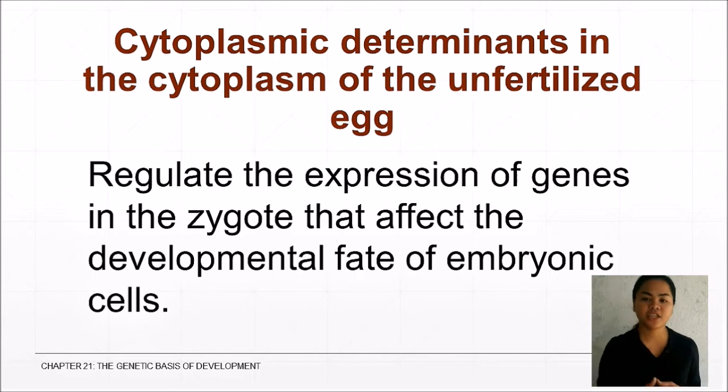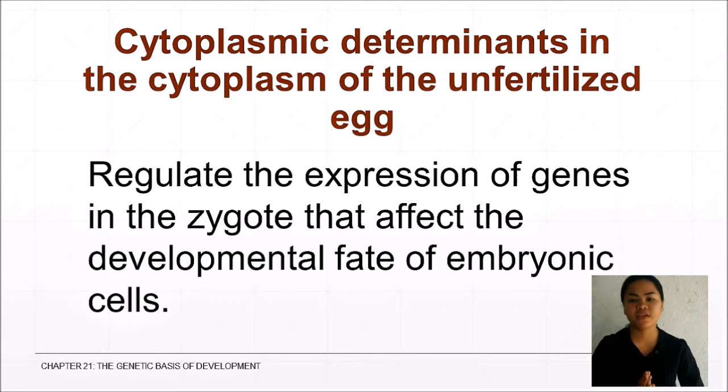During fertilization, when the sperm cell and the egg cell unite, only the nucleus of the sperm cell enters the egg cell. Thus, we can conclude that the other factor that contributes to the developmental fate of an embryo is the cytoplasm of the egg cell. After fertilization, mitosis occurs, and it produces two daughter cells.